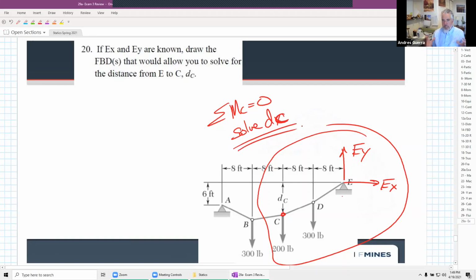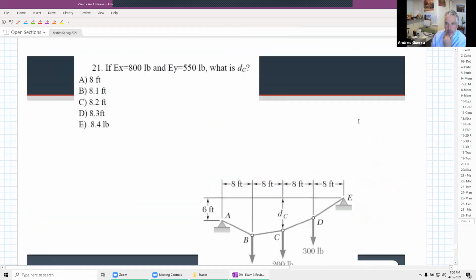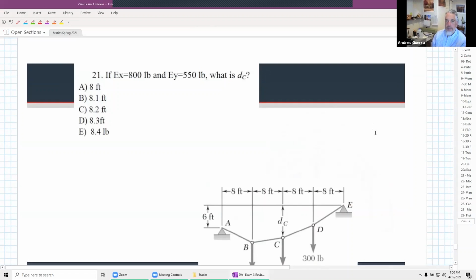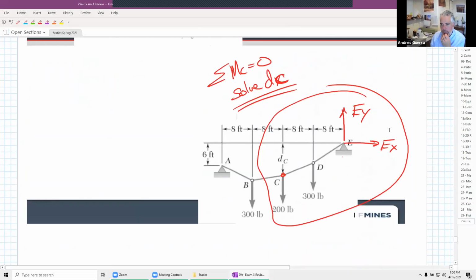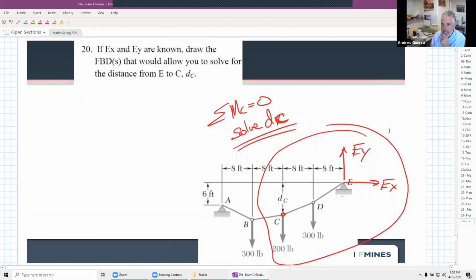So we're incorporating DC into our FBD, we're incorporating EX and EY, and then I believe the last problem here just asks us to find that value for DC, and that would be by summing moments about point C, you can find that distance to C.